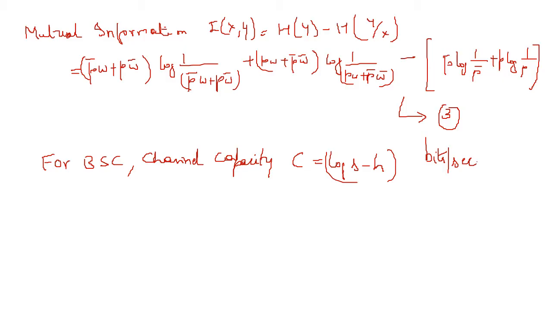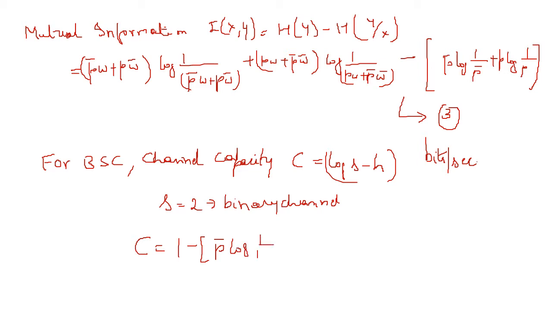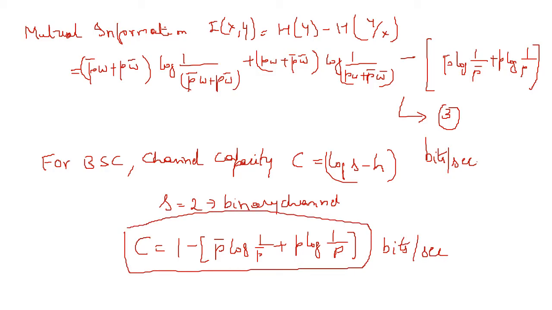Now this log S, so S is equal to 2 for a binary channel. So if you substitute here, we are going to get C is equal to 1 minus p bar into log of 1 by p bar plus p into log 1 by p, so much bits per second, as the channel capacity for the binary symmetric channel.